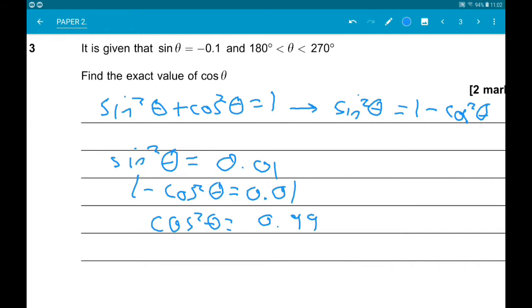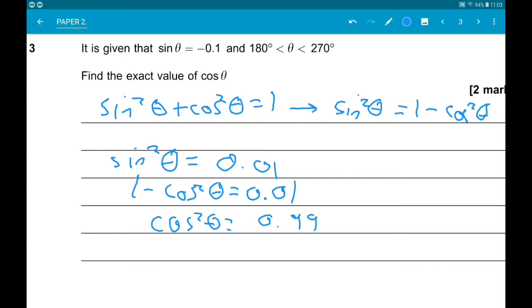Now that would tell us then that cos theta can be positive or negative root 0.99. Now we need to think about the interval for theta.